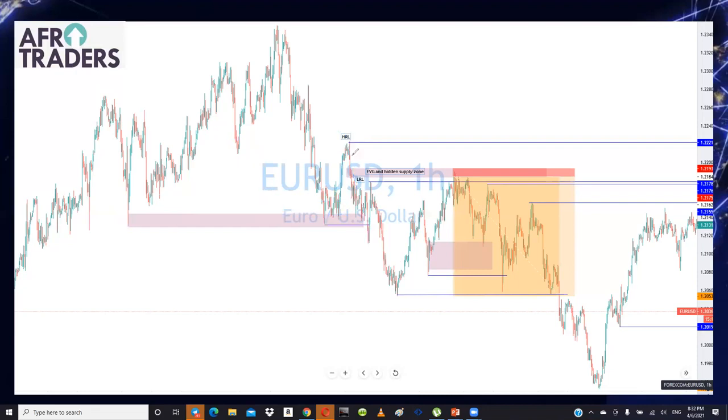So we had a high resistance liquidity, and then when it broke the level, it gave us a pullback, which is a low resistance liquidity. Above this low resistance liquidity, you have a fair value gap, and then a hidden supply zone somewhere here. So price trades into it, and then it drops.